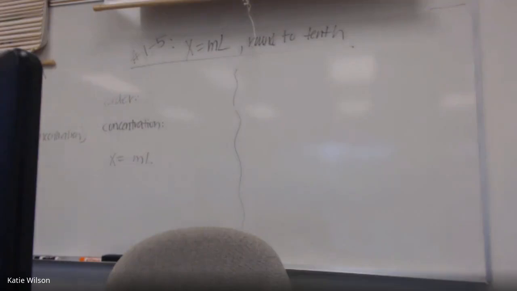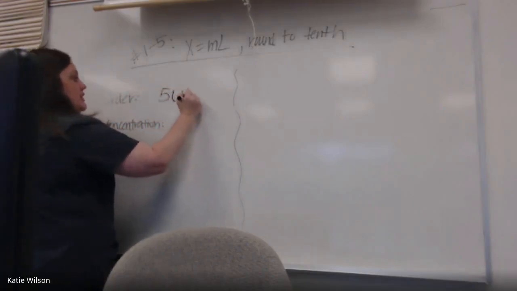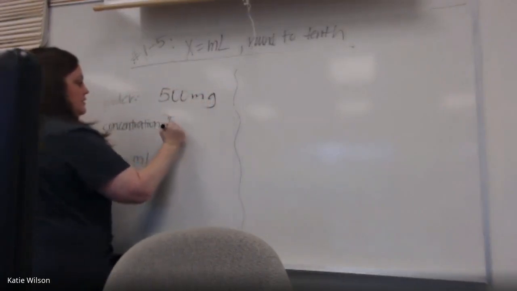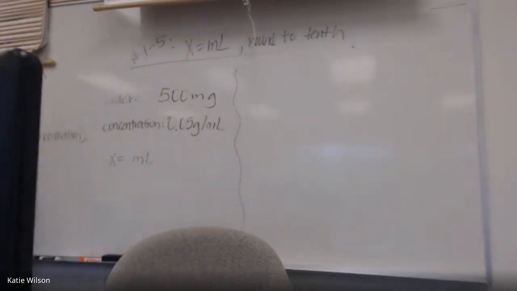So number 4, provider orders vancomycin 500 milligrams IV daily. Medication is mixed as directed on the label for a concentration of 0.05 grams per milliliter. Okay, so the order was 500 milligrams. And my concentration was 0.05 grams per milliliter.